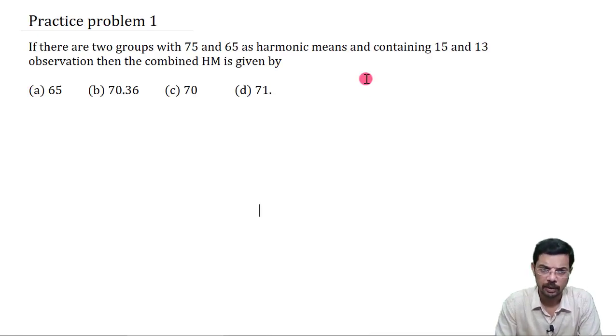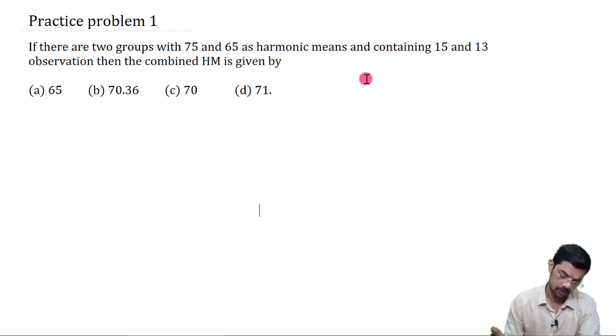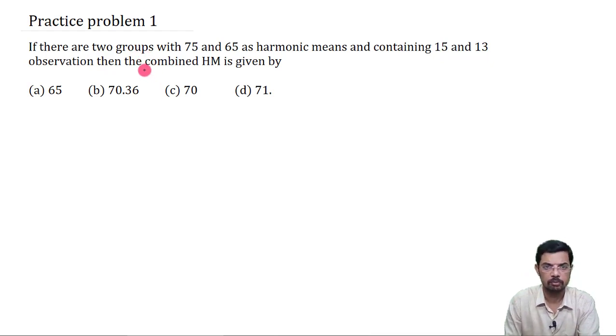Now practice problem 1. If there are 2 groups with 75 and 65 as their harmonic means and containing 15 and 13 observations respectively, then the combined harmonic mean will be given by dash. This is a problem based on combined harmonic mean.